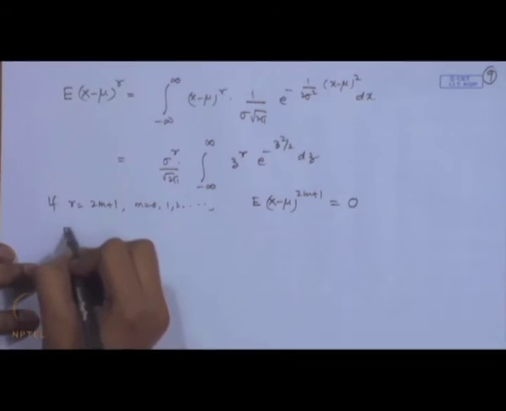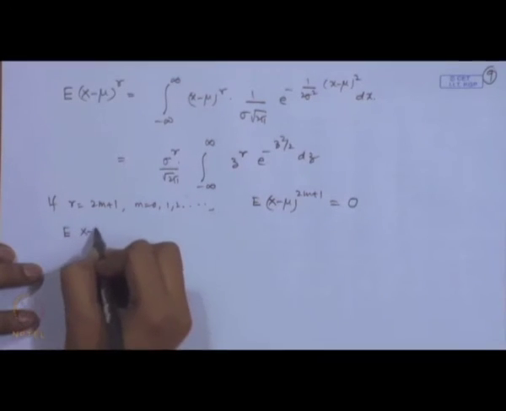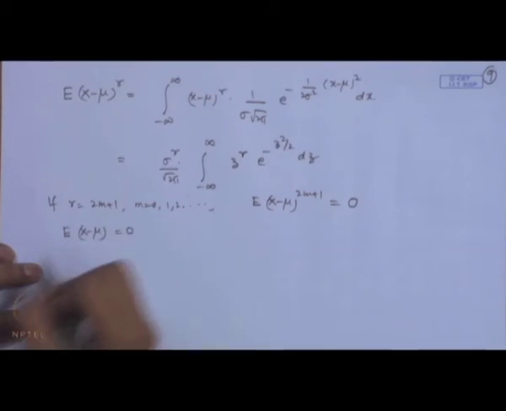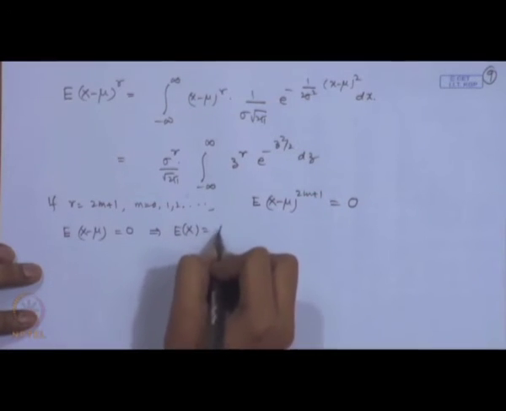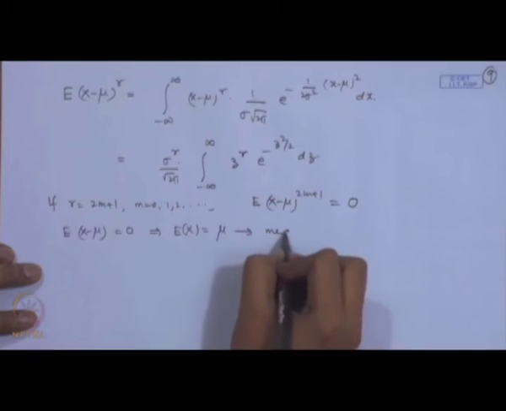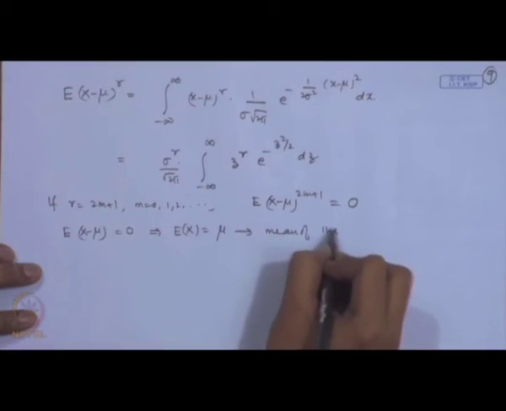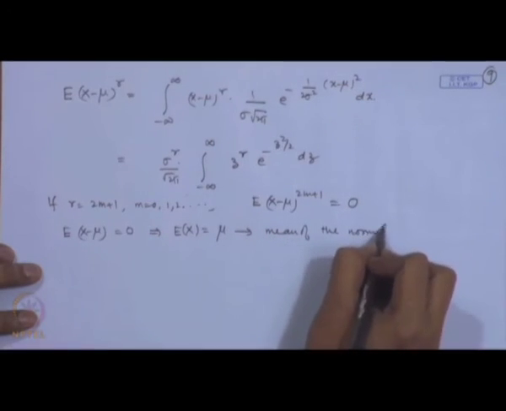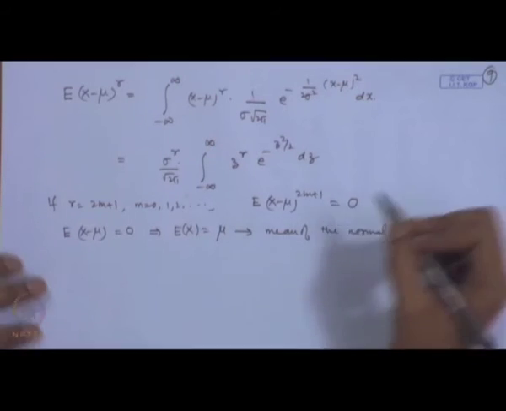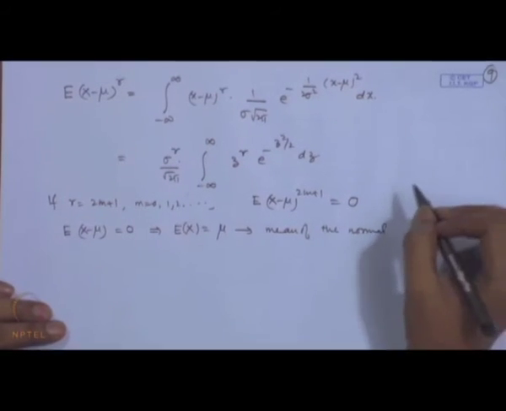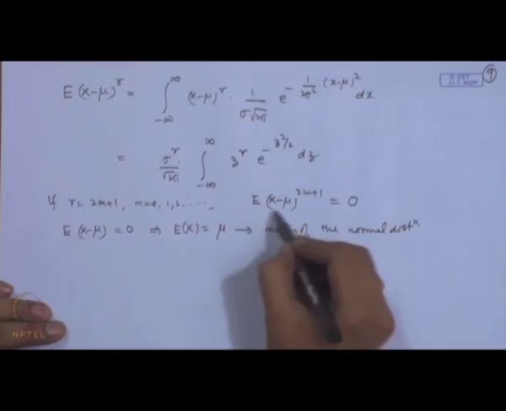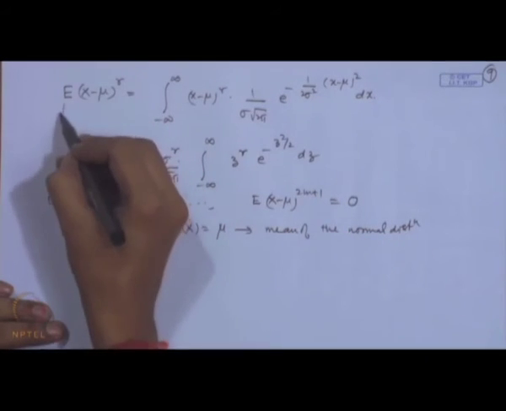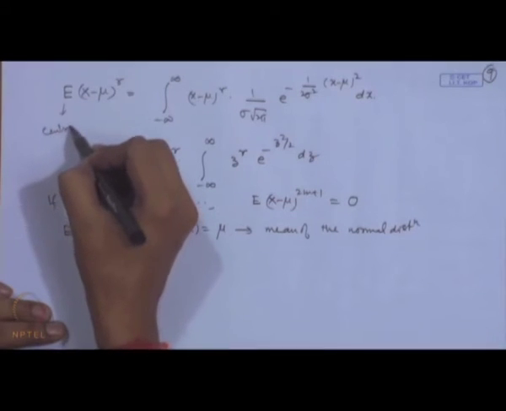That means, in particular if I write m is equal to 0, I get expectation of x minus mu is equal to 0. That means, expectation of x is equal to mu. That means, mu is denoting the mean of the normal distribution. That is the parameter which I specified as mu while defining the normal distribution is actually the mean of this distribution. And therefore, this expression represents central moments.